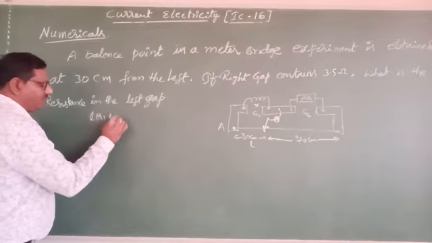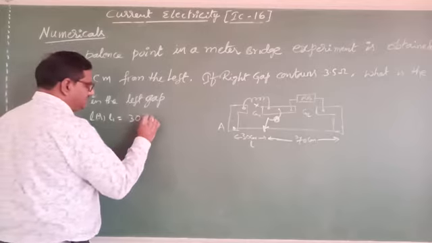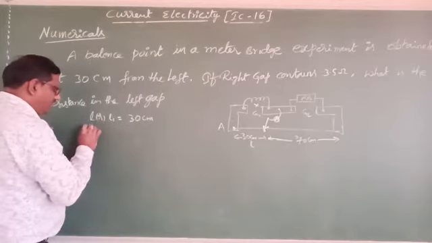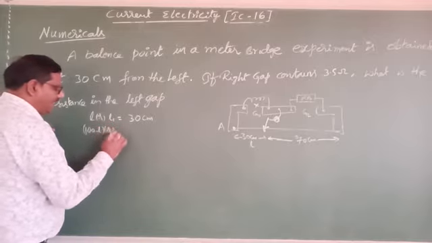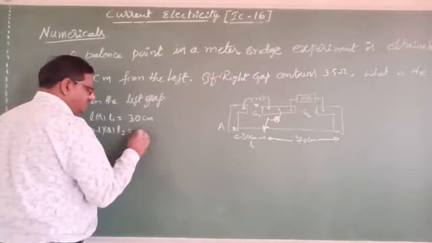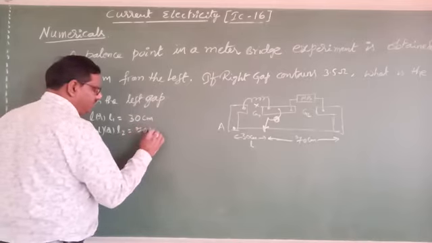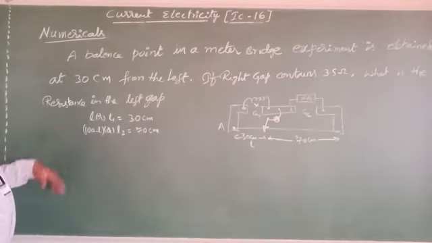How you write it, no problem. This I write as 30 centimeters. And second, 100 minus L, or you can treat it as L2: 100 minus 30 is 70. The known and unknown resistances are connected here.